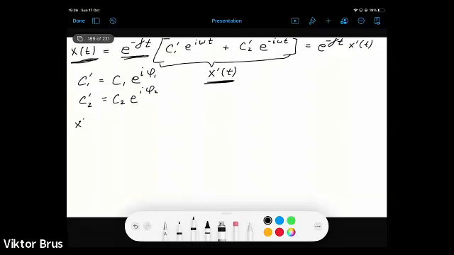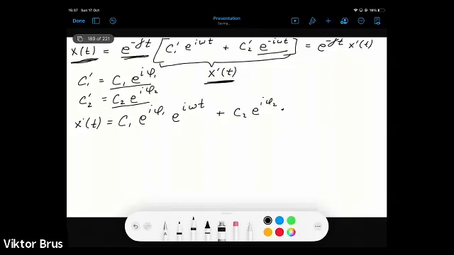So x prime as a function of t will be equal to, instead of C1 prime, we put C1 times e in the power I phi1, then times e in the power of I omega t, plus C2 prime, so we put this instead, C2 times e in the power of I phi2 times this exponent, so it will be e in the power minus I omega t.